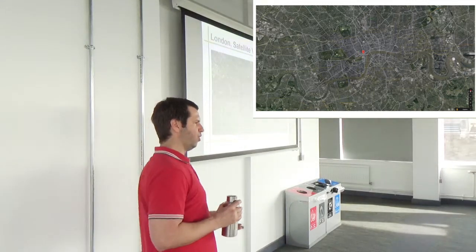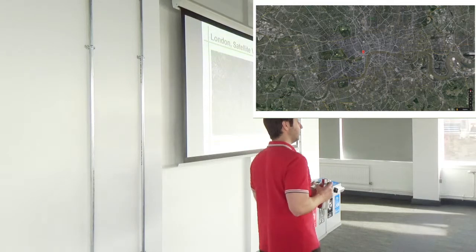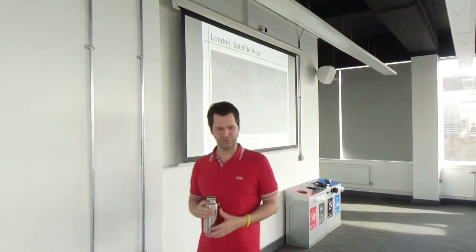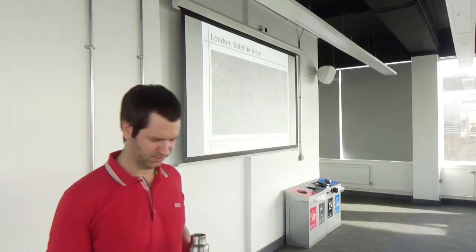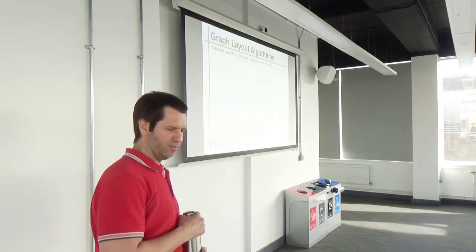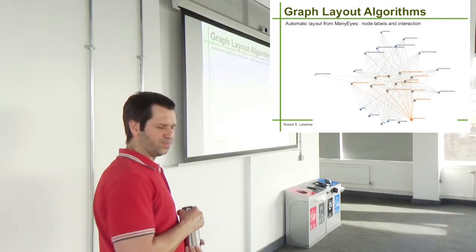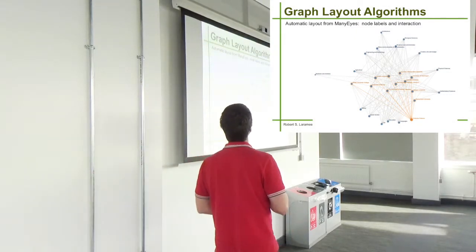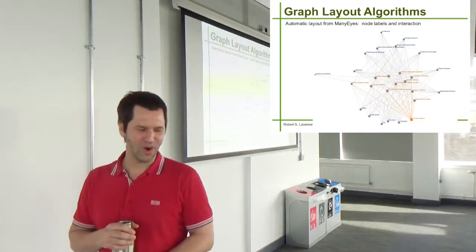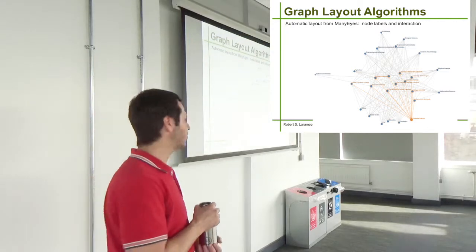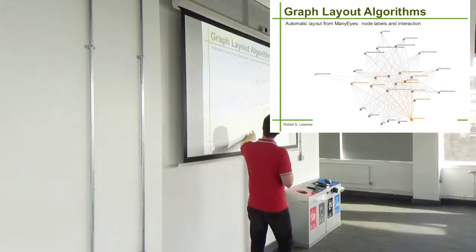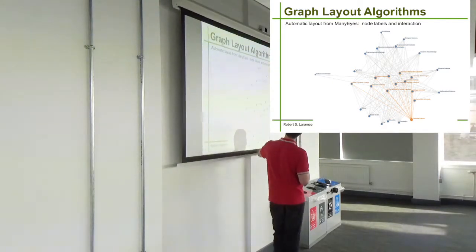So you can have a topological view of anything, and you can have a geometric view of anything. Graphs happen to be a topological view of data. Here's another example of a graph. This is also from the tool Many Eyes. It's an automatic graph node layout program, and it also automatically places the labels.